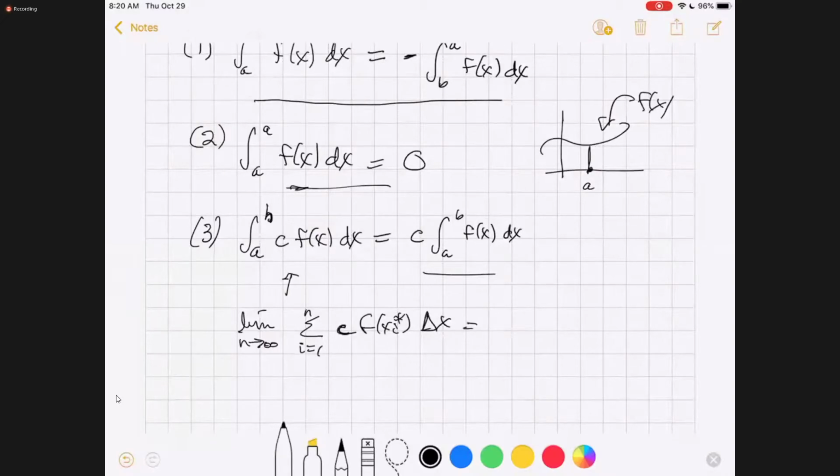But this is a finite sum, each term of which has c as a factor. I can factor that c out of that sum and write it this way.